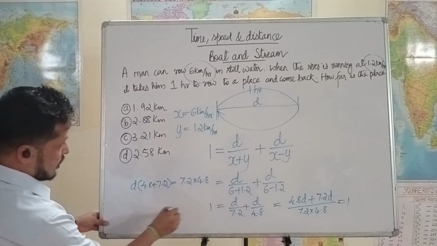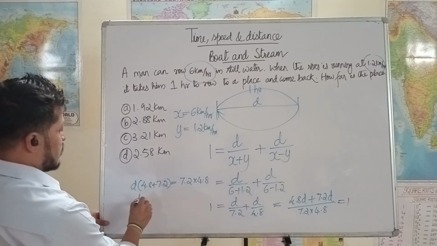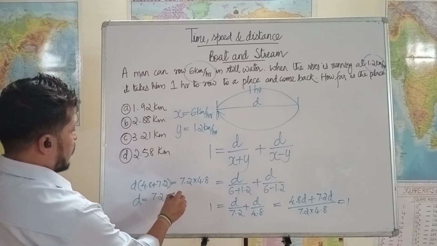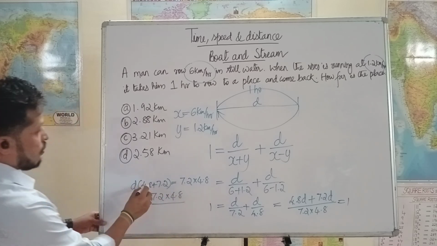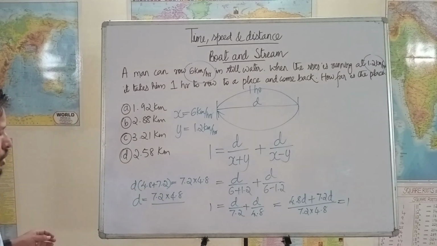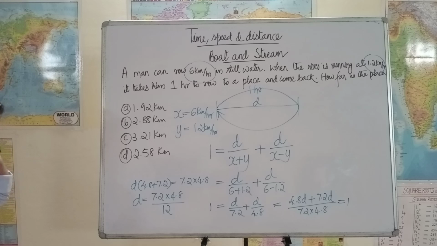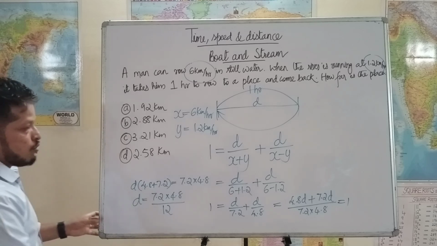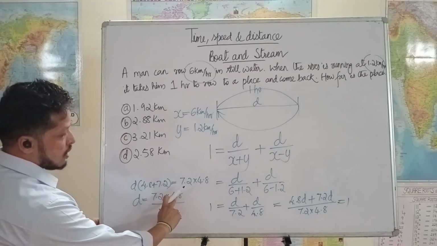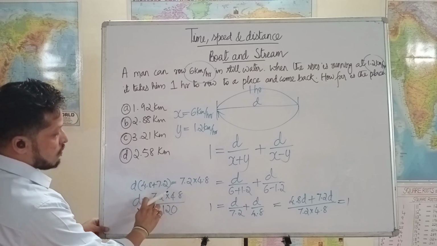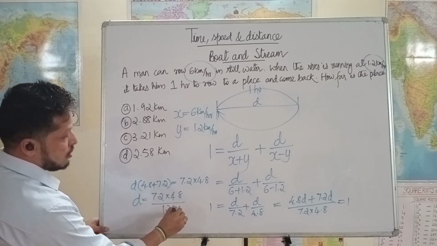That means now I can take this to the denominator. d is equal to 7.2 into 4.8 divided by 4.8 plus 7.2, which is 12. Right? Now, for the purpose of simplification, I remove these two dots. While removing one dot, I have to add a 0 here. While removing the other dot, I will add another 0.